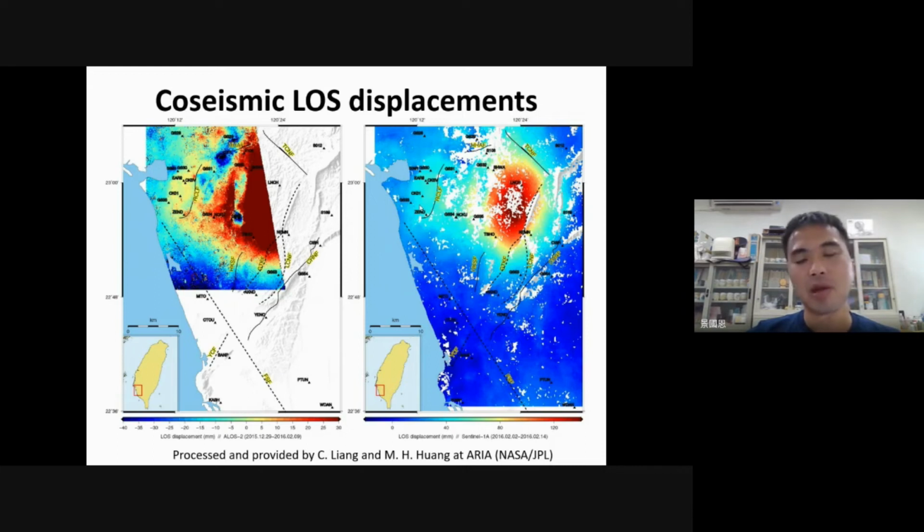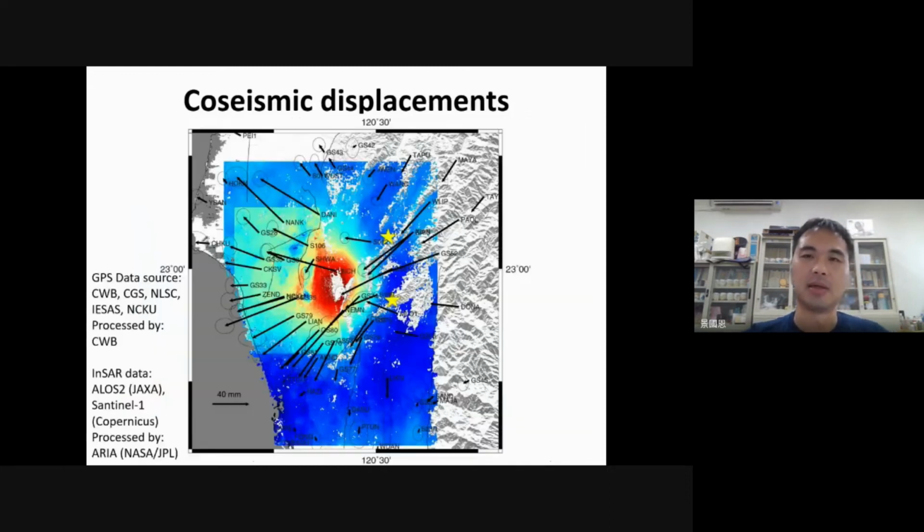However, because this is the line of sight displacement, it may be contributed by the horizontal displacement, that is eastward displacement, or vertical displacement.